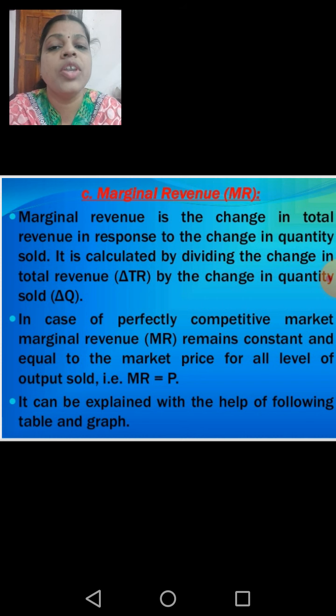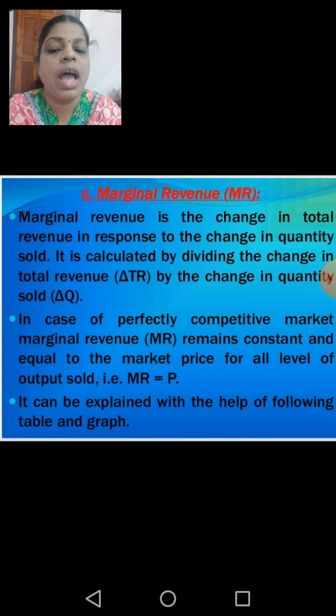Marginal revenue is the change in the total revenue in response to the change in the quantity sold. In a perfectly competitive market, the marginal revenue remains constant and equal to the market price for all levels of output sold.